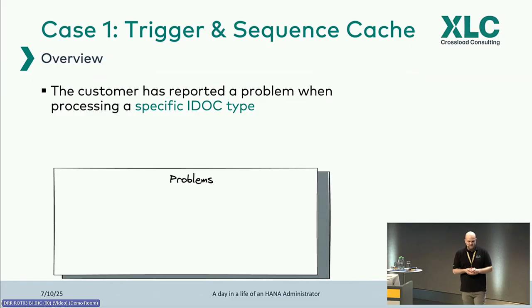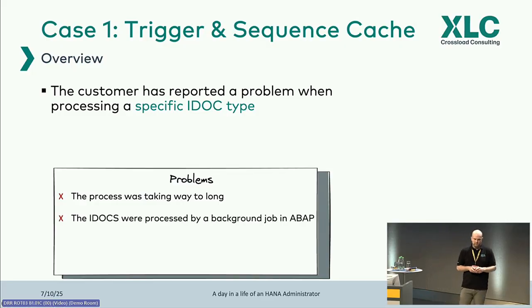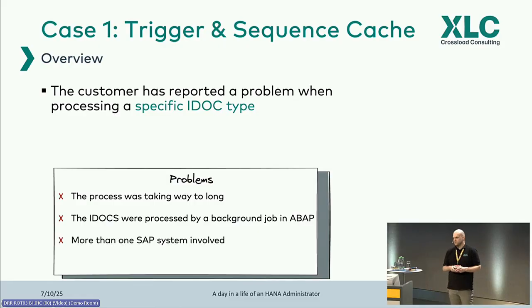The first case: the customer reported a problem with a specific IDoc type in the system. The error description was that the process was taking way too long. Next, the IDoc was processed by a background job. And the last one, there are more than one system involved.